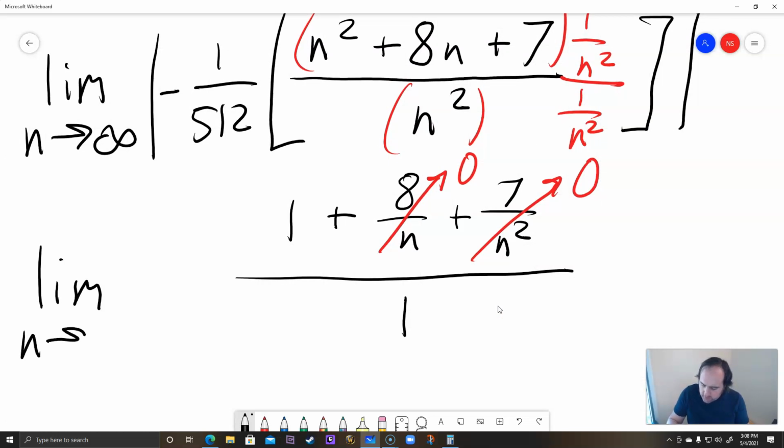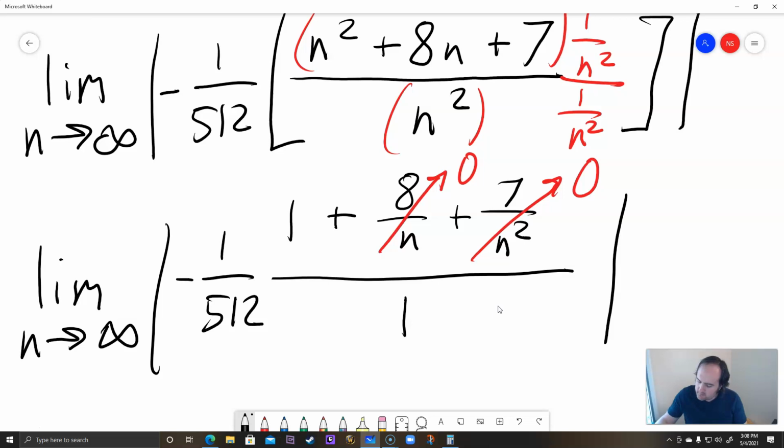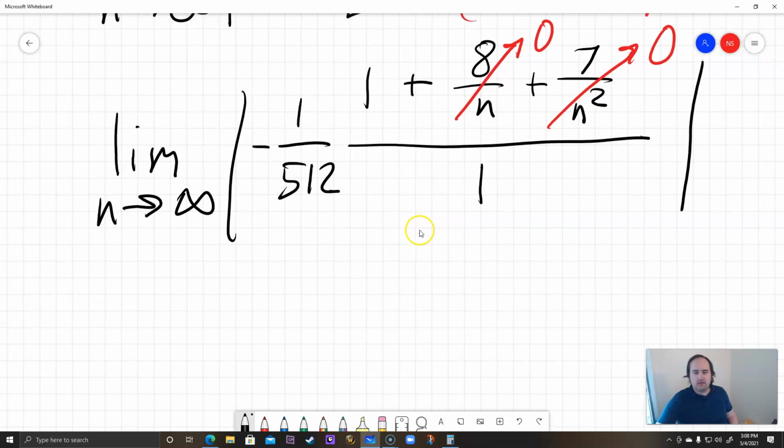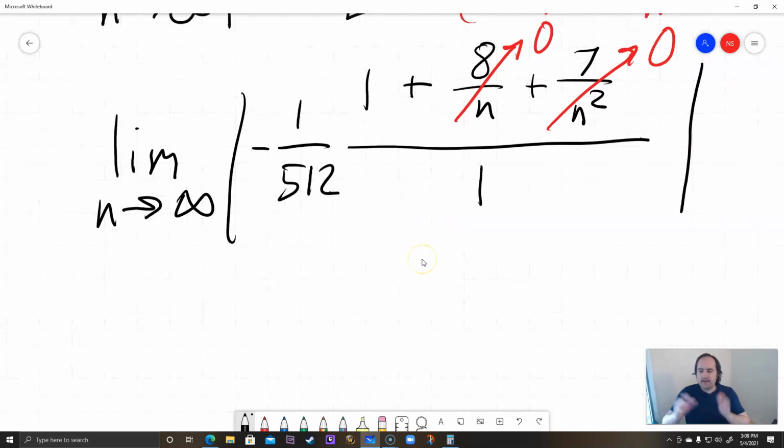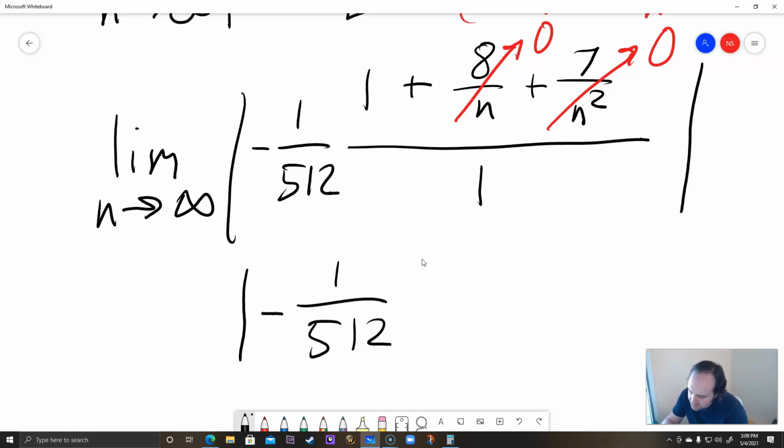Okay, and we've already plugged in that limit as n goes to infinity here. So really all we're going to be left with is the absolute value of negative 1 over 512. And of course the absolute value of a negative number is the positive number.